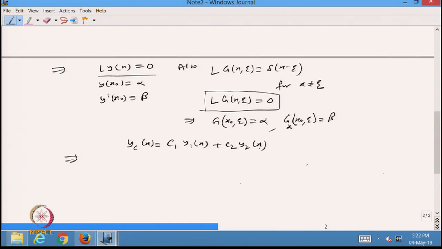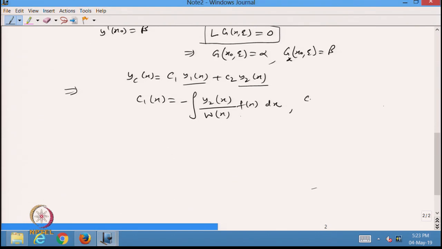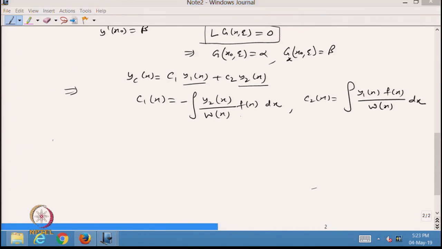With the help of this y1 and y2 we have found, with the help of variation of parameters, that my c1 is minus y2(x) f(x) divided by the Wronskian dx, and my c2(x) is y1(x) f(x) over the Wronskian.